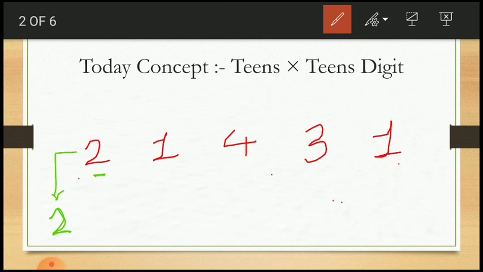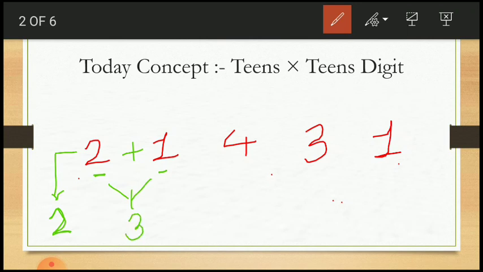Now we are at the 1 place. Before 1 there was 1 digit, so we add 2 plus 1, and our answer comes 3.